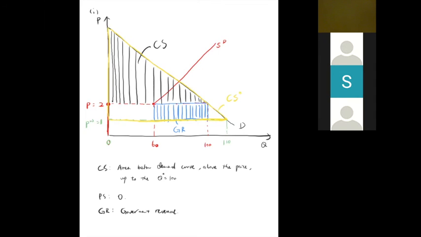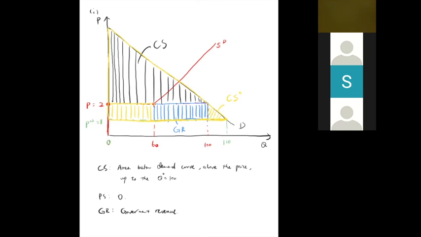But after the tariff is imposed, we see that consumer surplus shrinks to this shaded black area, and this blue rectangle goes to government revenue, and these two areas in yellow shade, they go nowhere.